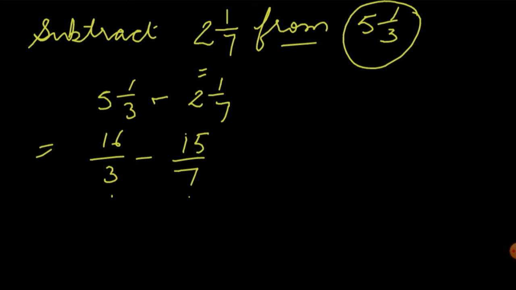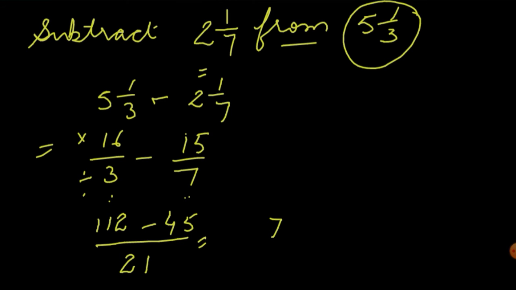Now here again you see this 3 and 7 has no common factor. So we can take the LCM by multiplying it. It's 21. Divide, then multiply. 7 16s are 112, minus 7 3s are 21, 15 3s are 45.